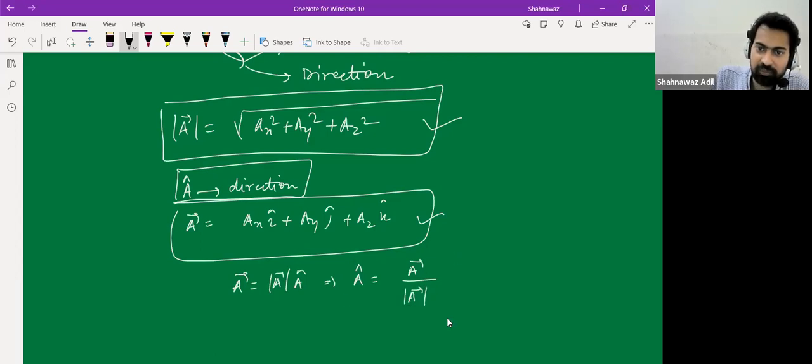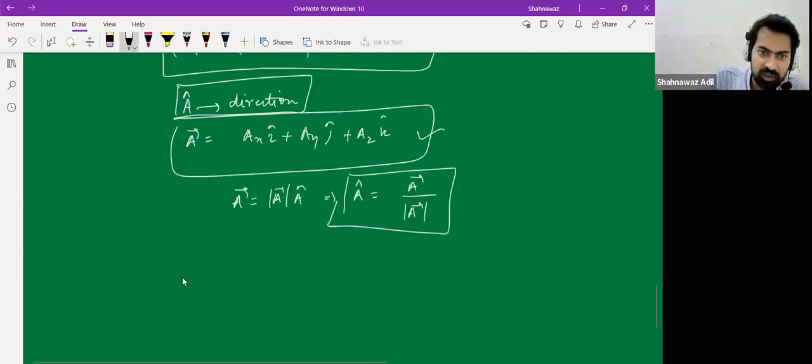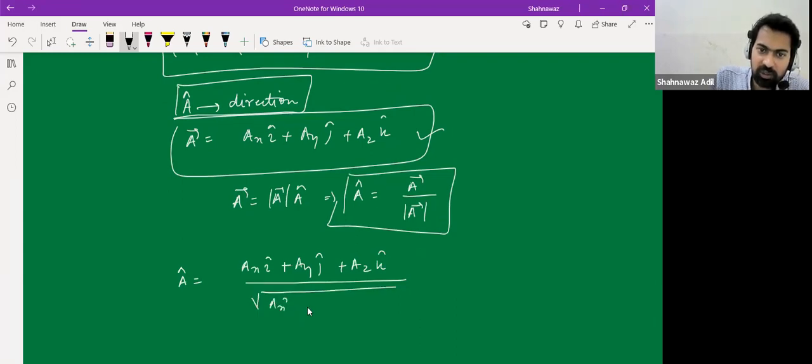So this unit vector would be the A vector, which is axi plus ayj plus azk, divided by the magnitude, which is the square root of ax square plus ay square plus az square.